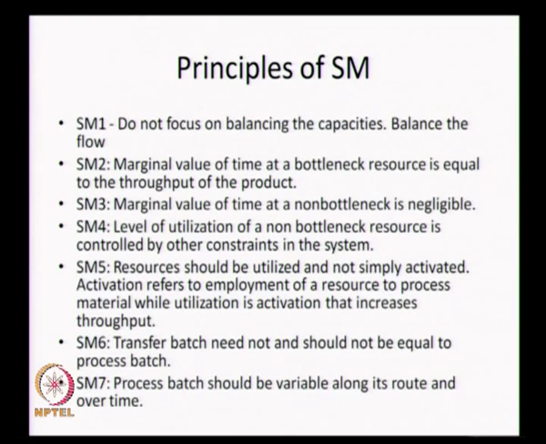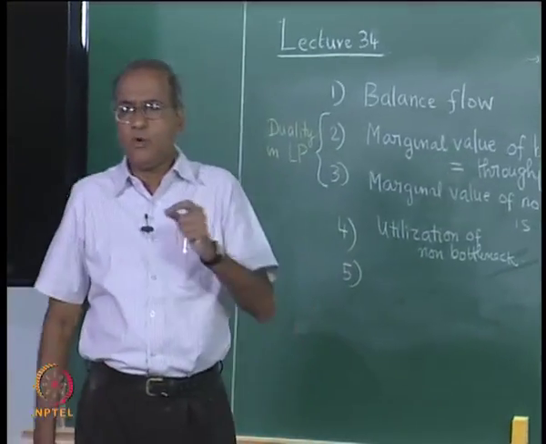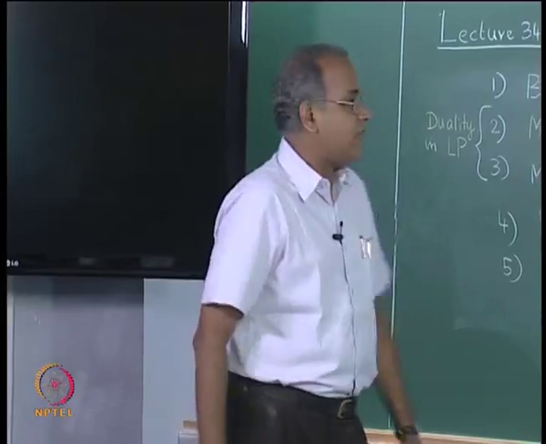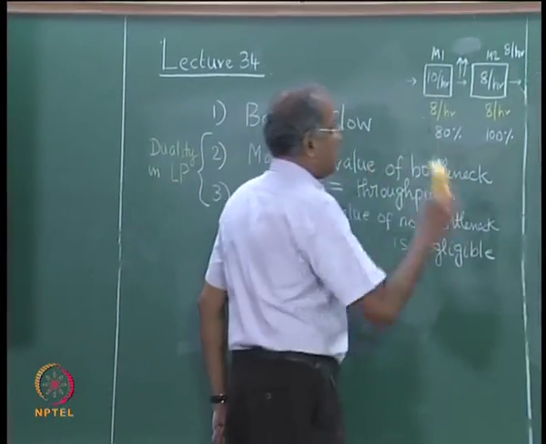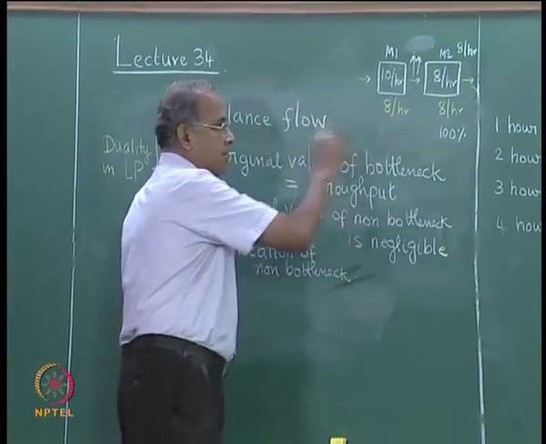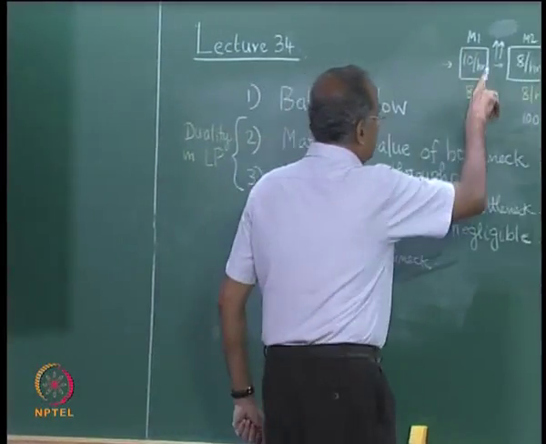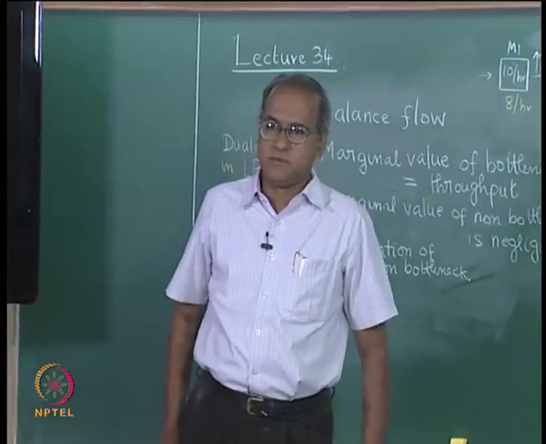Now, 1 and 5 are essentially related, except that we use the idea of activation in SM5. So, if we go back to the same example, if this were utilized 100%, then this will produce 10 per hour, and as I mentioned, there will be an inventory buildup of 2 per hour, which can never be utilized.